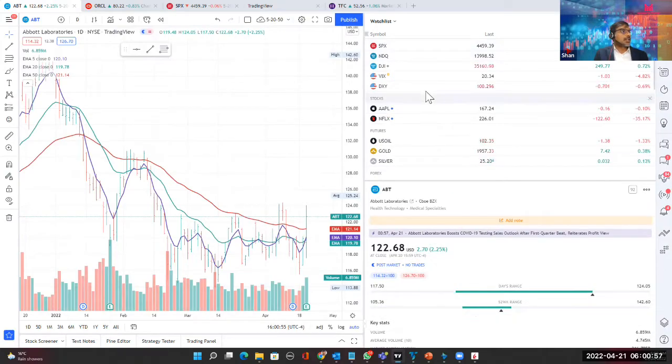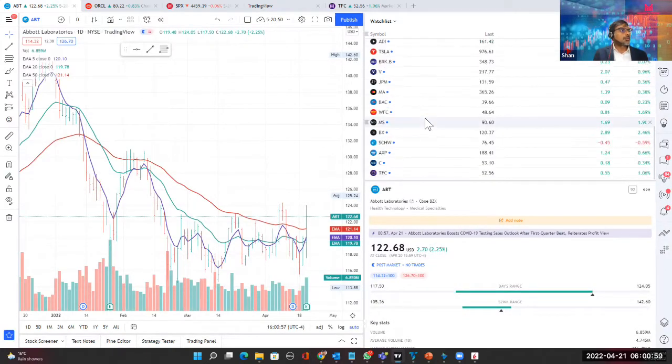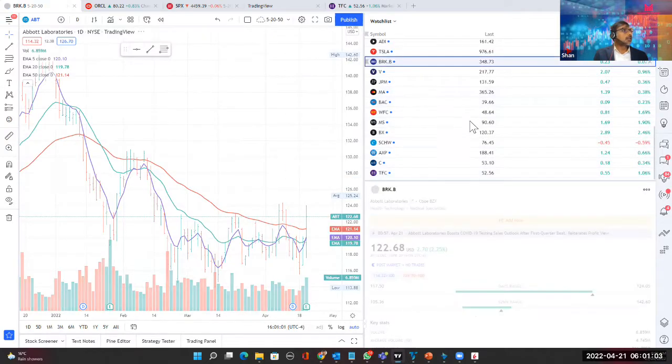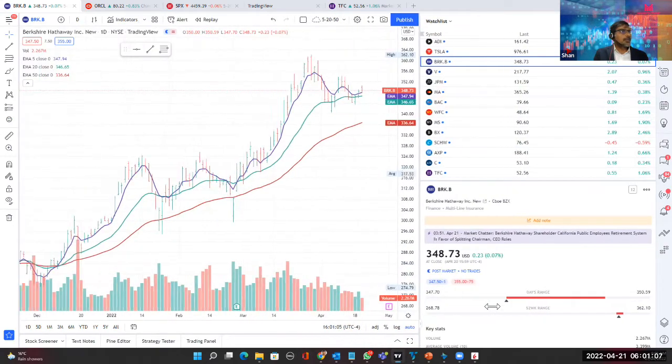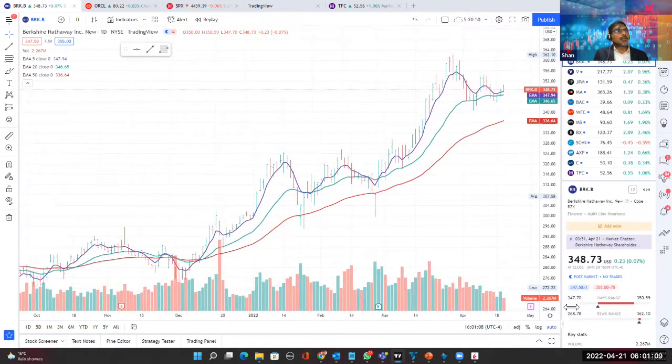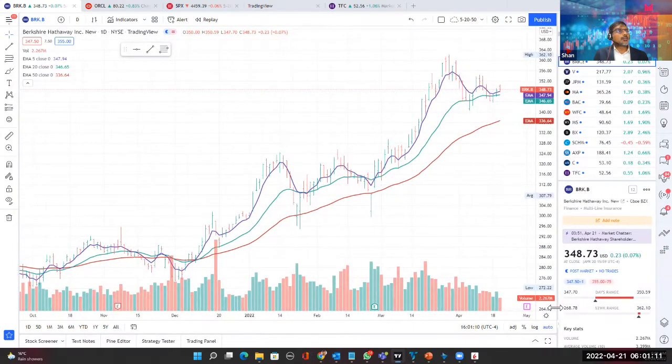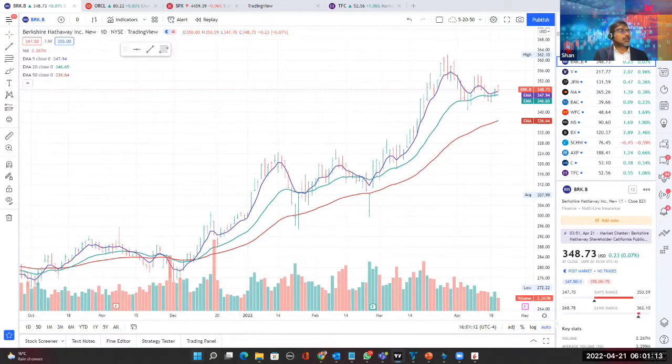So let's say I'll go to the first one, which was Berkshire. Let's look at Berkshire. I'll just split the window a little bit here so that I can see both what's happening with the stocks and the chart as well. Now, as you can see, Berkshire is a little bit down today.